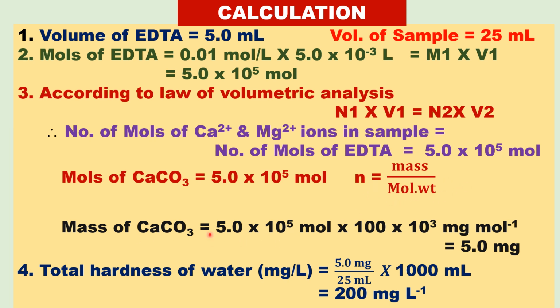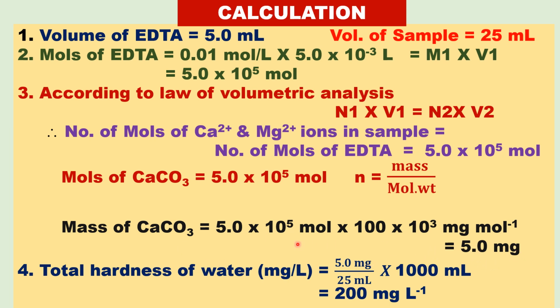So mass of calcium carbonate equals n into molecular mass, that is 5 into 10 power minus 5 mole into 100 into 10 power 3. Why do we put 10 power 3? Because the total hardness is expressed as calcium carbonate mass in milligram per liter. Therefore, into 10 power 3 milligram per mole, it equals 5.0 milligram.